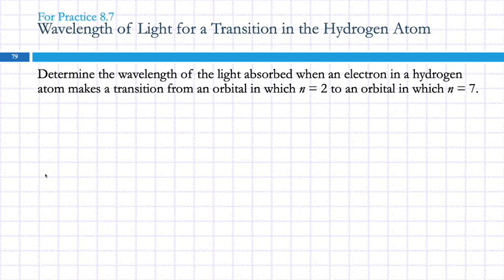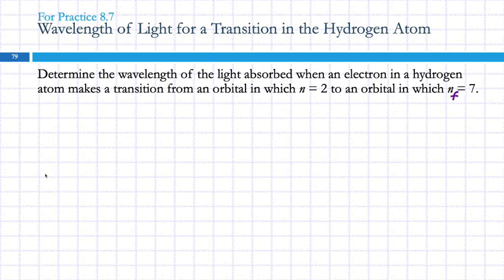Determine the wavelength of light absorbed when an electron in a hydrogen atom makes a transition from an orbital in which n equals 2 to one in which n equals 7. So n equals 2 from this one to that one. Which is the final? 7 or 2? 7.